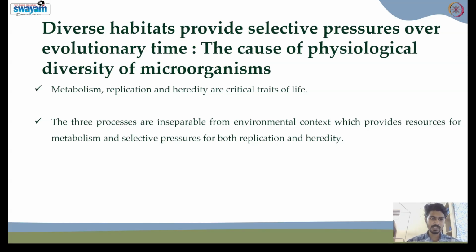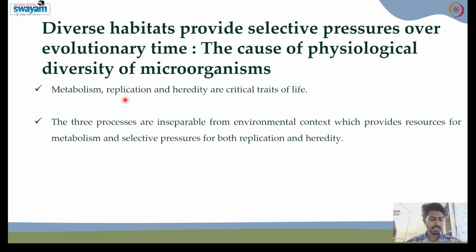The first concept we will cover is the physiology of the microbial environment, where first we will see how selective pressure causes the physiological diversity of microorganisms. To understand that, let's think about why these microorganisms are incredibly diverse.